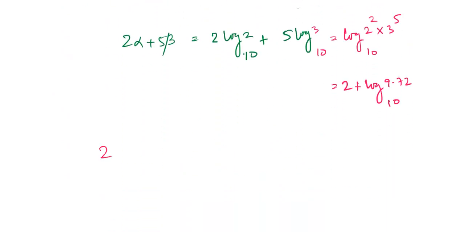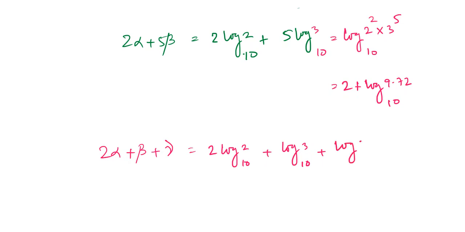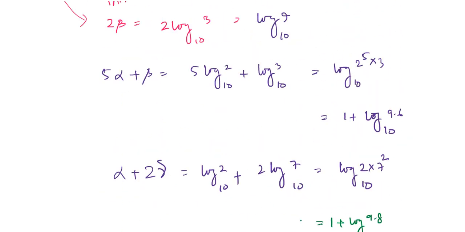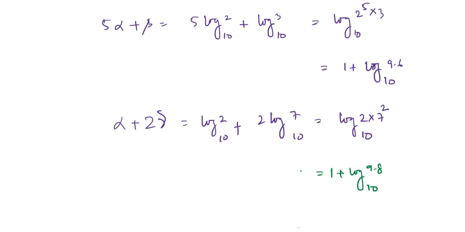The last option is 2 alpha plus beta plus gamma. Here 2 alpha means 2 into log 2 base 10, plus beta means log 3 base 10, plus log 7 base 10.